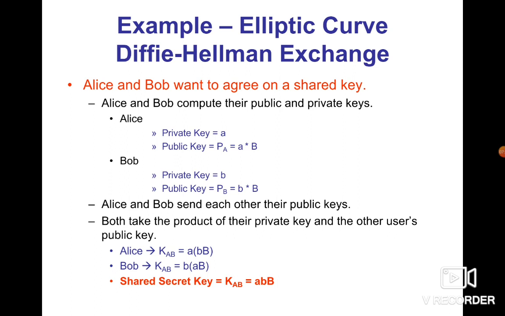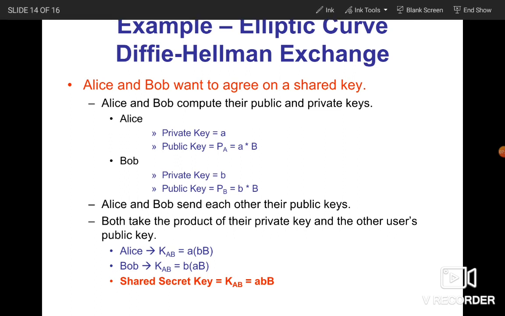Similarly, you can use elliptic curves with the Diffie-Hellman key exchange. It is very much the same as the previous one. Alice and Bob compute their public and private keys. The private key can be any integer.